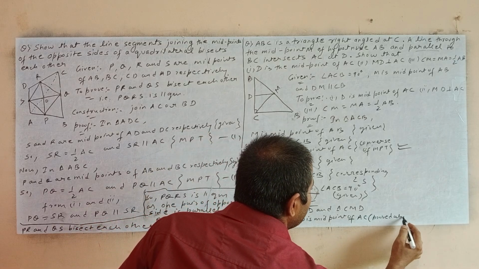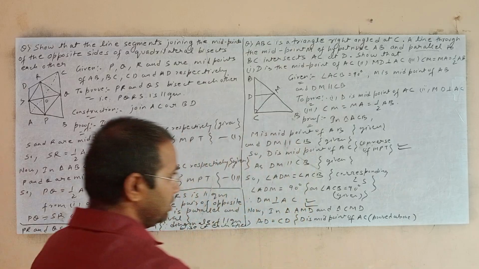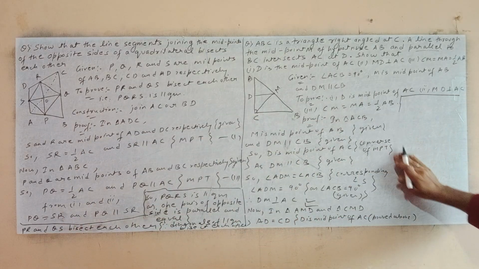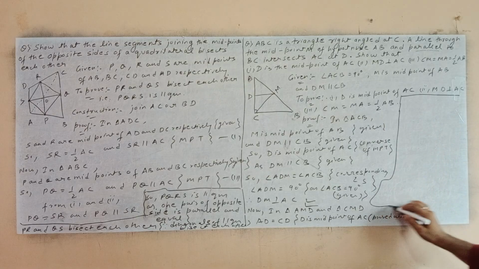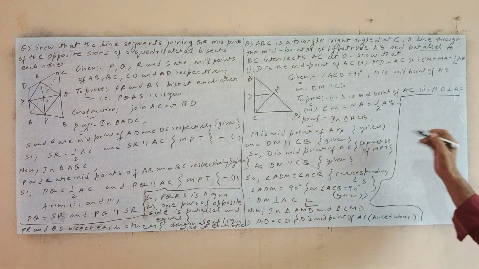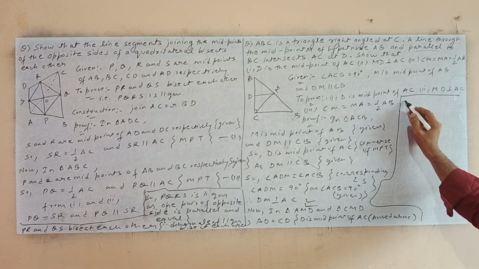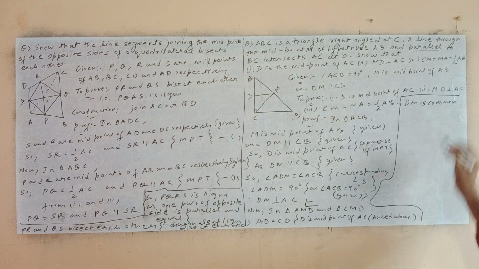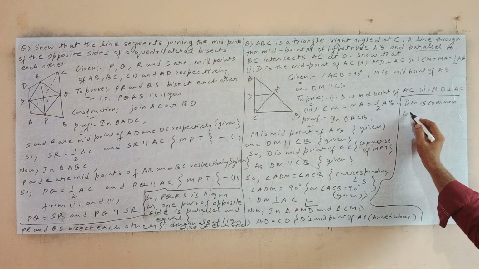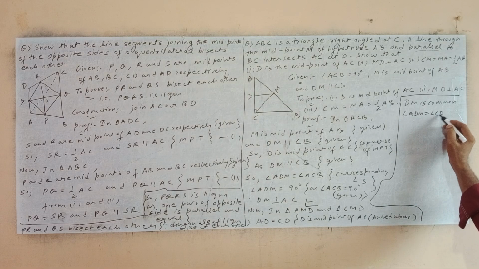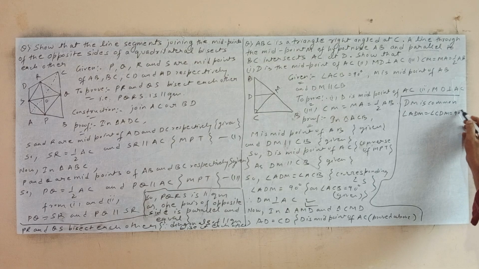Second thing, AD is equal to DC, DM is common. And third thing is angle ADM is equal to angle CDM is equal to 90 degrees.